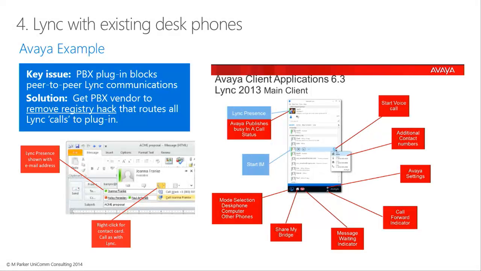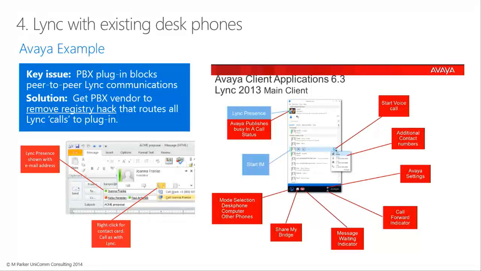Now, when we challenged them on that, we got all the way up to product management, and they said, well, if the customer asks us, we'll hack the registry to take that out. And what they just exposed, of course, is they're not hacking the registry to put Lync peer-to-peer calling back. They hacked the registry to stop it. So why don't you please unhack my registry? Don't tell me I'm the hacker and you're the hackee. So stop hacking my registry, because it's absolutely possible.